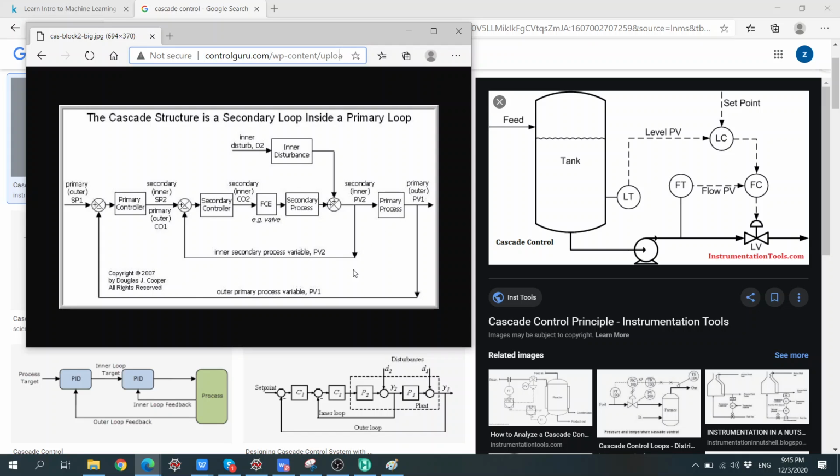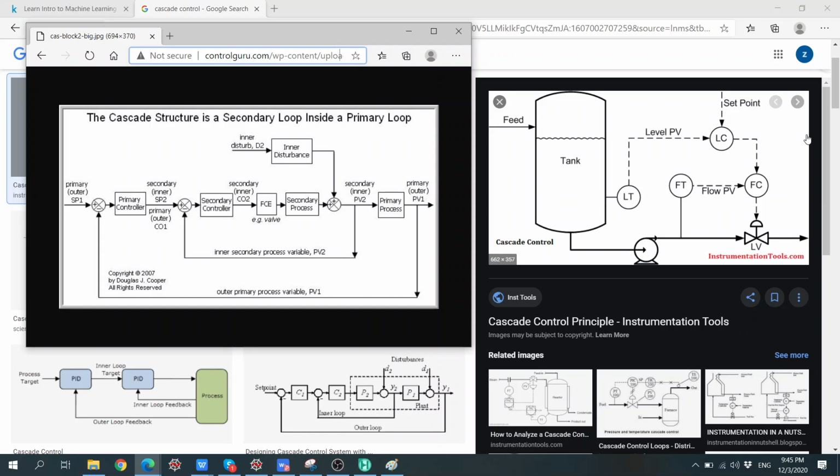From here, is there any question? Are there cases where the cascade structure is more complex than one master and one slave? No. This is as complicated as it can be for the cascade. It's very rare to have more cascades in a cascade.